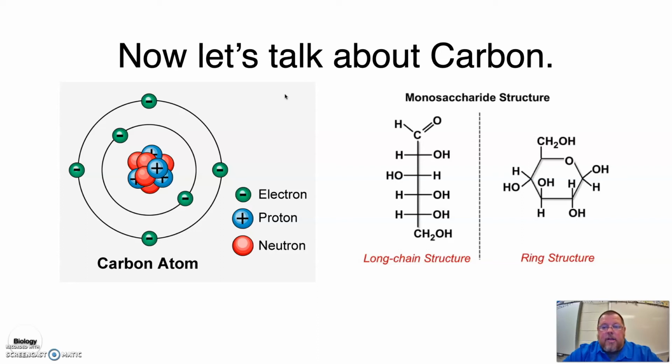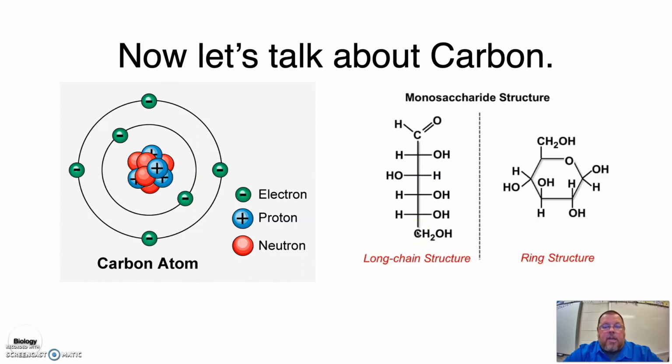Taking a look at these structures here, these are monosaccharides, which are simple sugars. Those are carbohydrates that we'll be talking about in a future lecture. If you take a look here, you don't necessarily see all the carbons that they have, but that's just because we're using a little shorthand. Everywhere where these lines meet, these would all be carbons. So this would have 1, 2, 3, 4, 5, 6 carbon atoms.